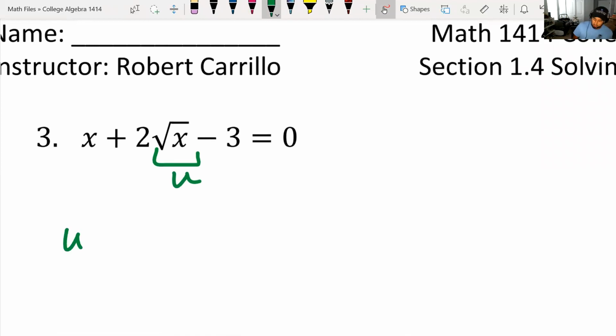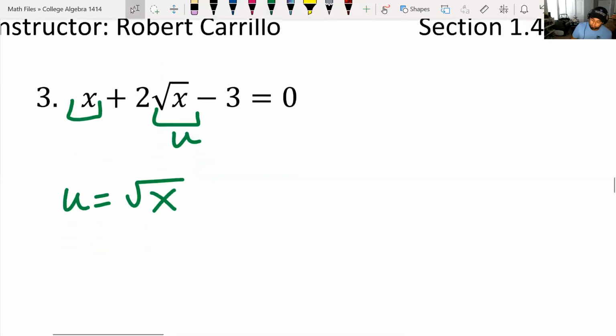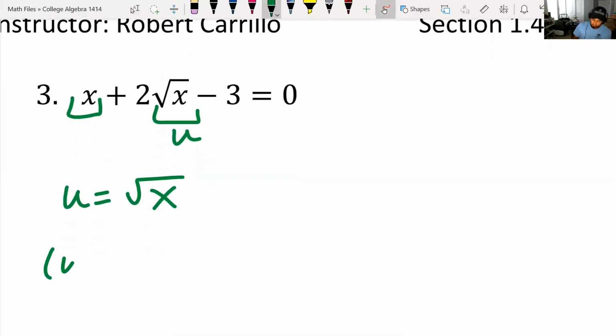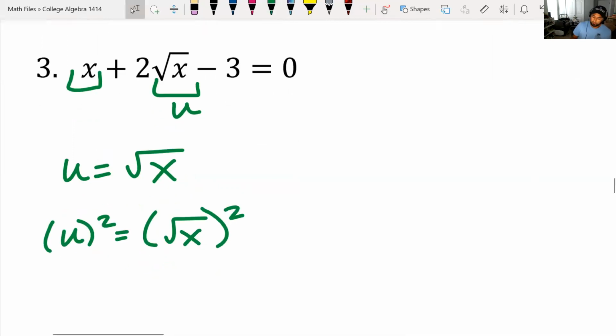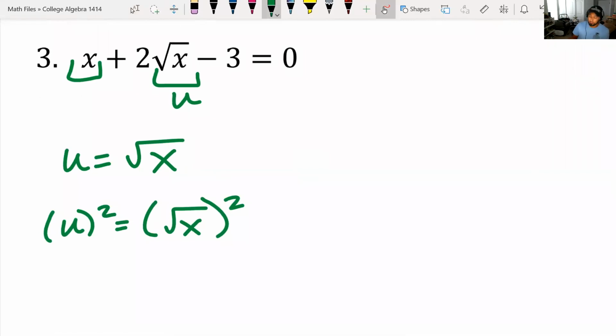So U is going to be the square root of x, which means we need to cover the leading term, and to get there, you'll square both sides. And we end up with U squared equals x.